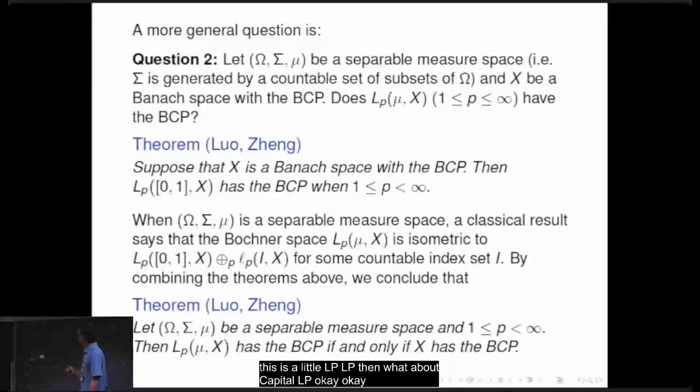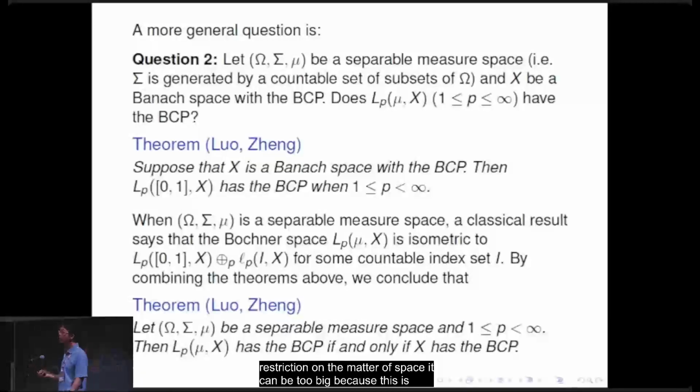Okay, so the question is, if you have a measure space and look at capital L_p of X, if X has the Ball covering property, does L_p of X have the Ball covering property? But of course, you do have to pose a restriction on the measure space. It can't be too big, because this is a countable covering, okay?